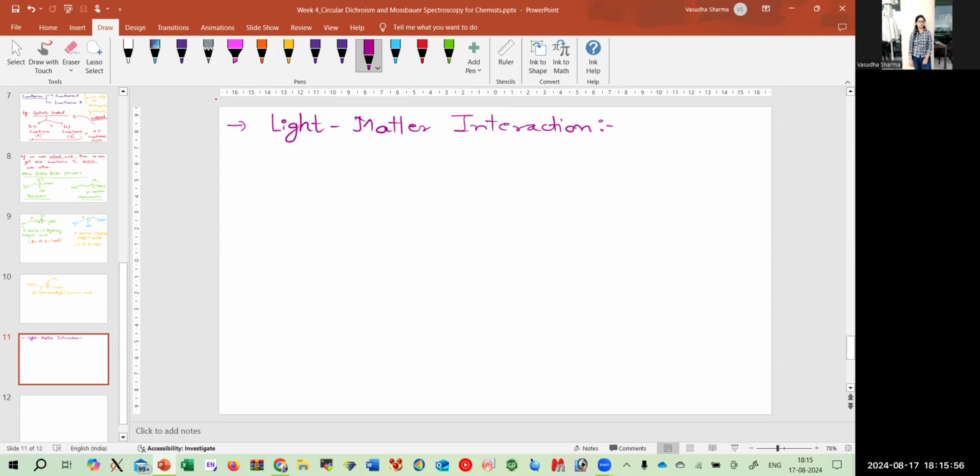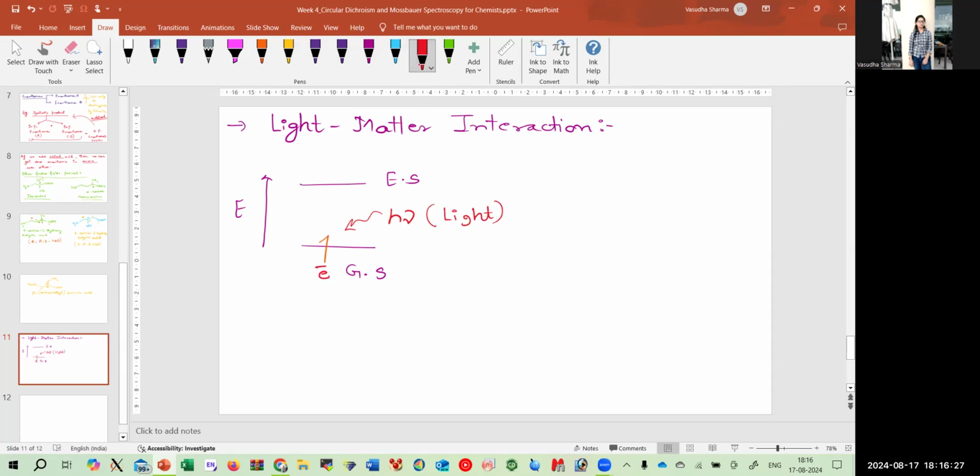So what we know is that when we have the ground state and excited state, with an energy difference of E, and suppose there is one electron in the ground state and we are shining light onto it. This is your light which you are shining onto the electron. Now what will happen?